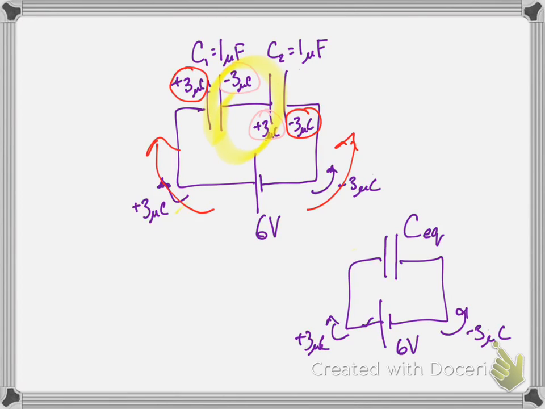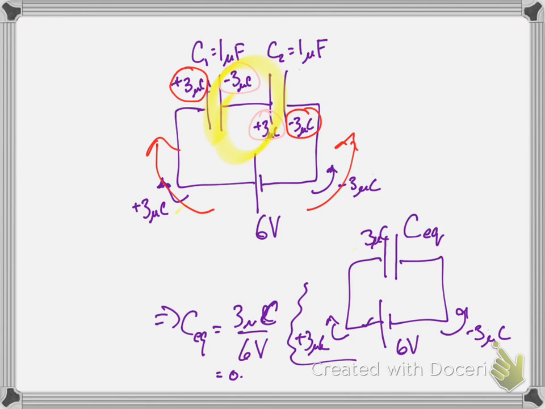So this capacitor would have 3 microcoulombs on it, and the equivalent capacitance must be Q over delta V, 3 microcoulombs divided by 6 volts. Sorry about the mess. The equivalent capacitance is equal to 1/2 microfarad, 0.5 microfarad.